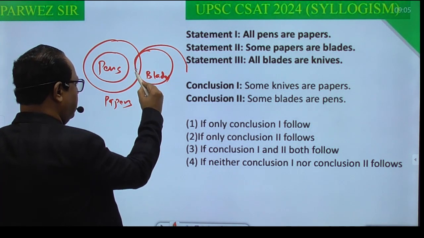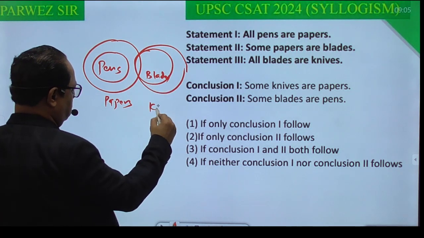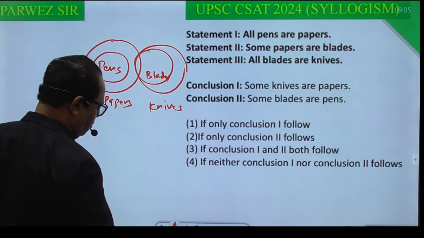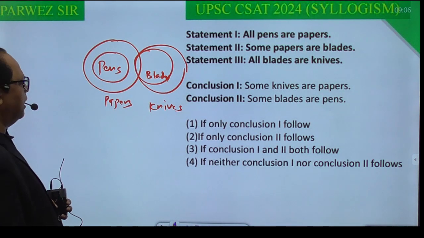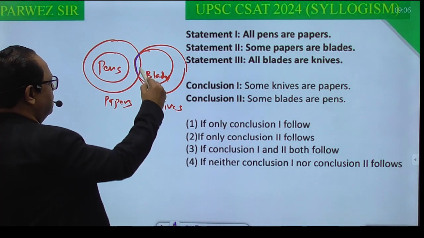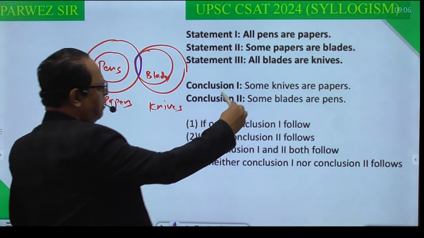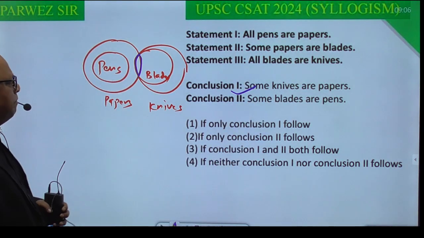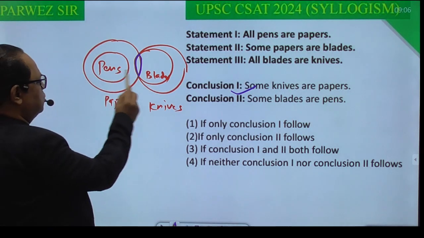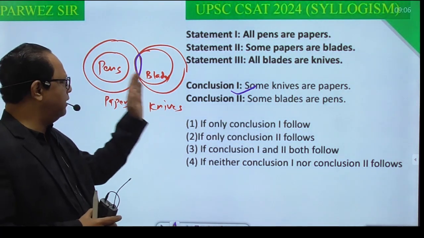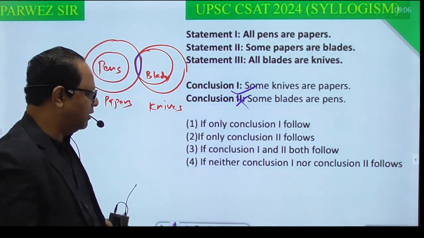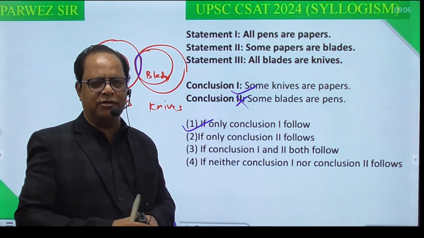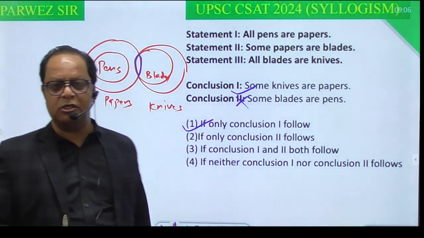Now match with the conclusions. Here, some knives are paper. We can see some knives are paper, 100% correct. And some blades are pens. There is no connection between blades and pens here, so the second will be wrong. Only conclusion 1 is right, which is given in the first option, and this is your right answer.